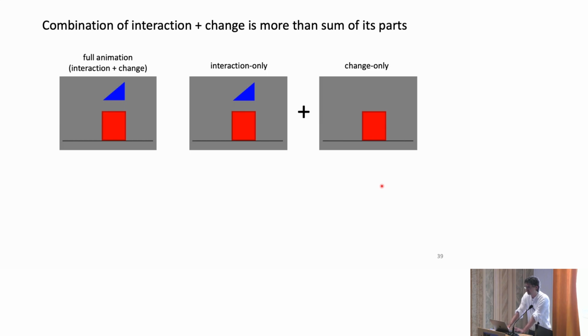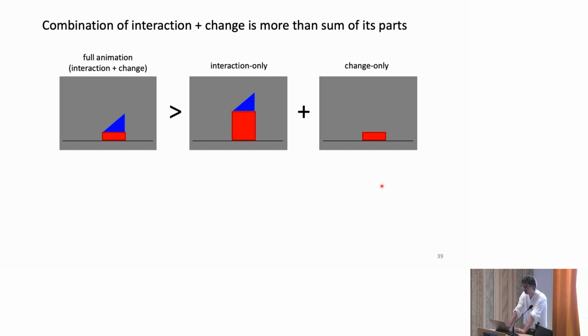Now, remember that we also showed the full animations. Perceptually, the full animations are just like the sum of the animations that show only the interaction and the change in isolation. However, only the full animations show the two components together, namely connected through a cause-effect relation.